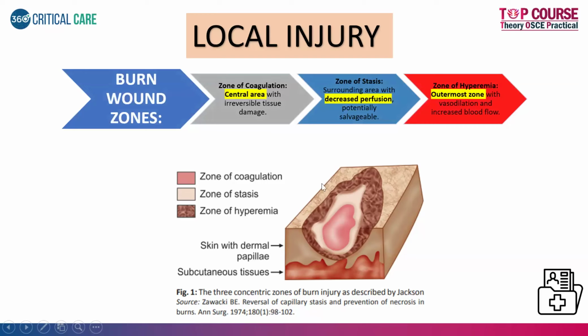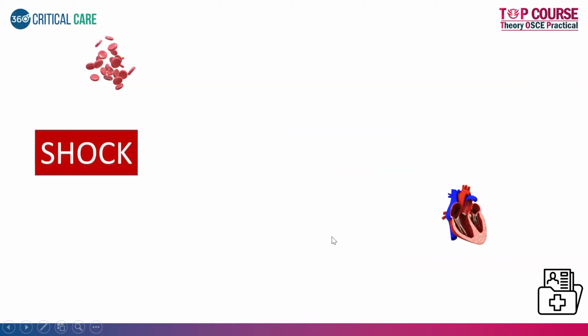The central area is the tissue which has irreversible damage. The stasis area is potentially salvageable if things are done at the earliest and action is taken faster. The zone of hyperemia is the outermost zone wherein there is vasodilation and increased blood flow as a response to the burn injury.